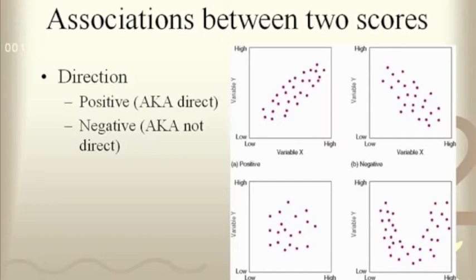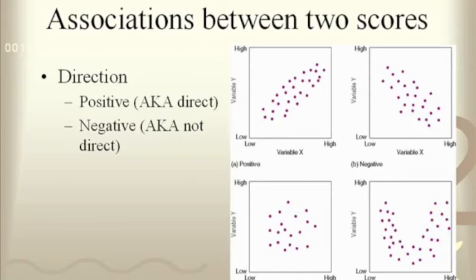Now the opposite side of that is what's called a negative relationship, and that is the picture on the top right hand side. So as X goes from low to high, Y starts going down. On the low side of X, your Y value is very high, and as we move towards the high X, Y is starting to go down.